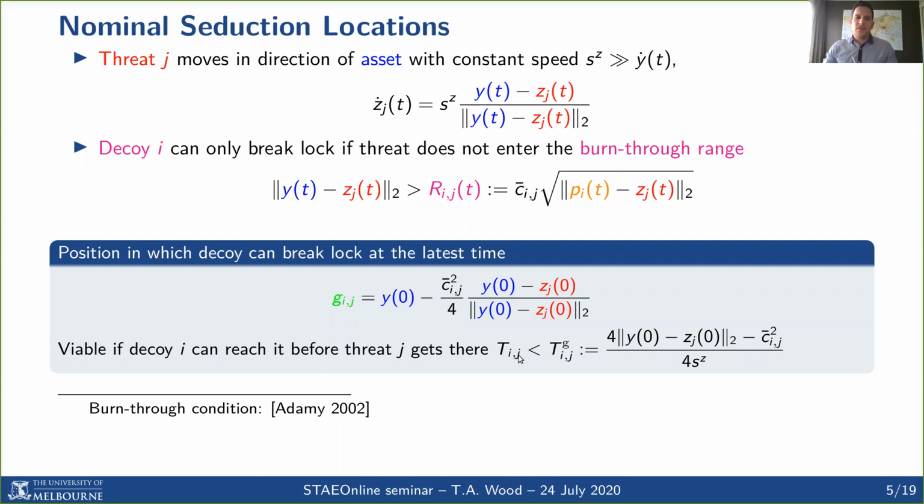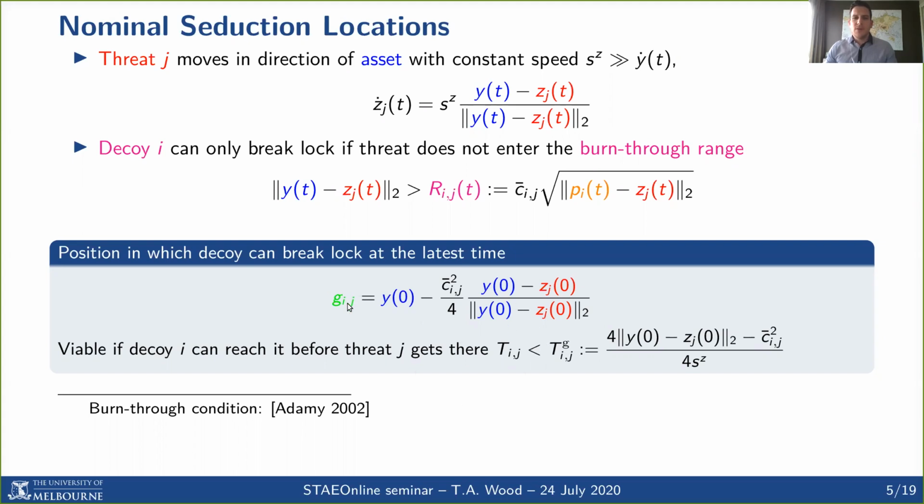And so with this position we can compute the time it takes for the decoy to get to that position, and if the duration of the decoy getting there is longer than the time it takes for the threat to go there, then we know that this point is not valid. So this position, this G, we say the nominal seduction location or target destination, is a valid target if the decoy is close enough.